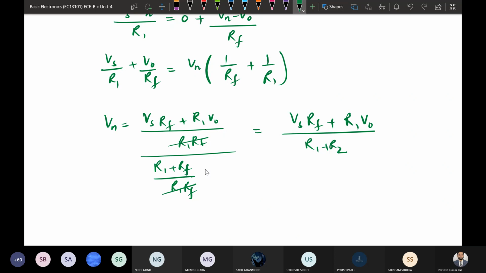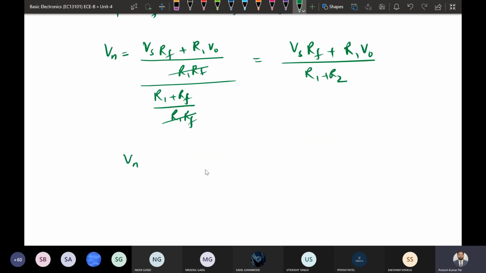From there, Vn is equal to Vs Rf plus V0 R1 divided by R1 plus R2.